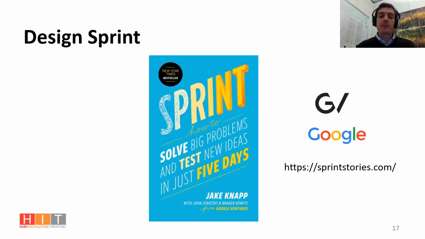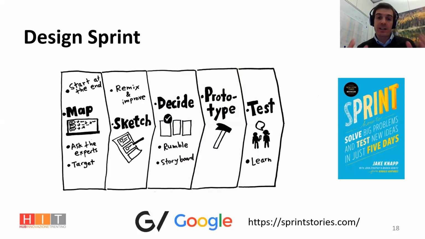But since they had to be very practical with startups, and also the timeframes were very, very short, they came up with a specific version of a process model of design thinking that allows you basically to put design thinking into practice in a 1-week schedule.